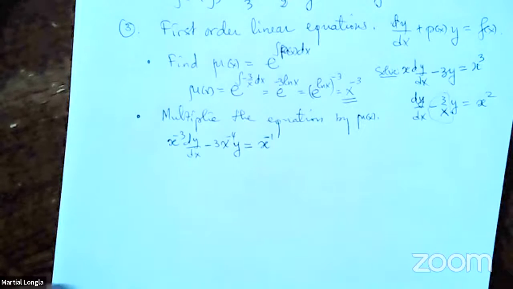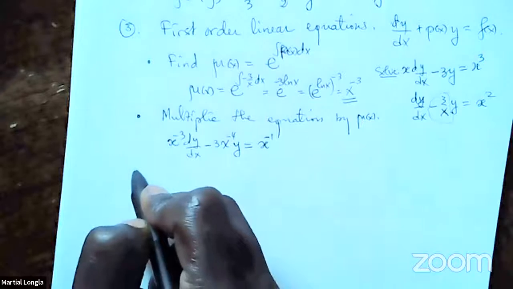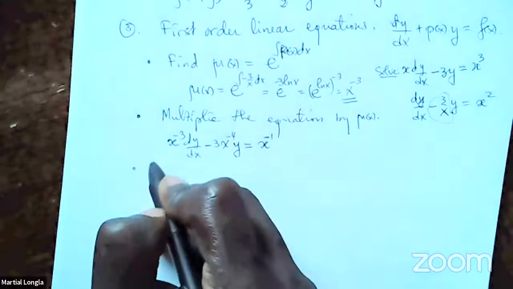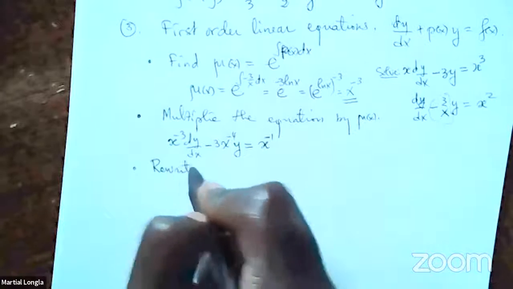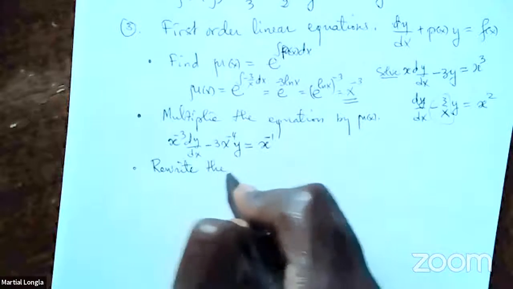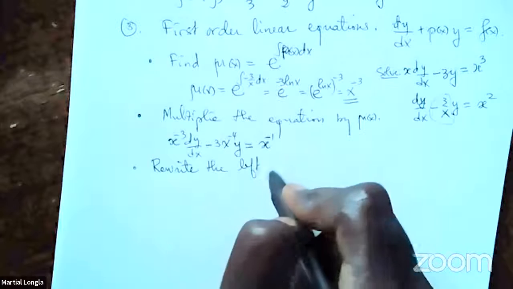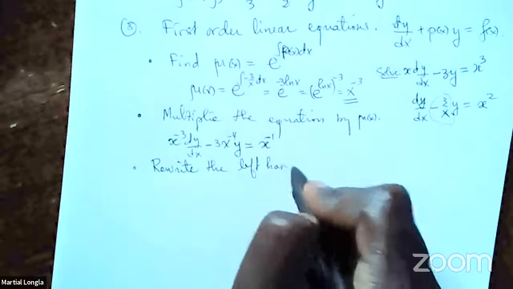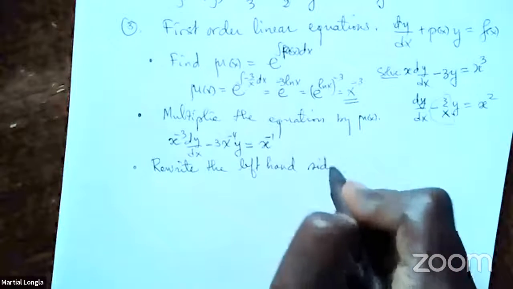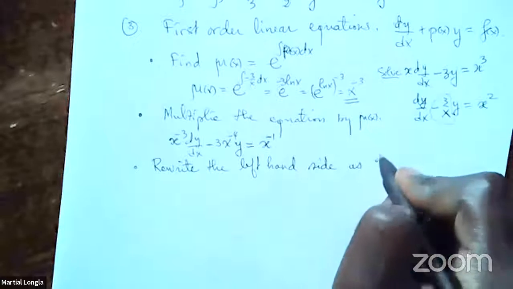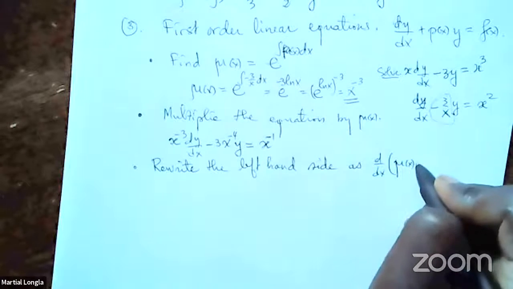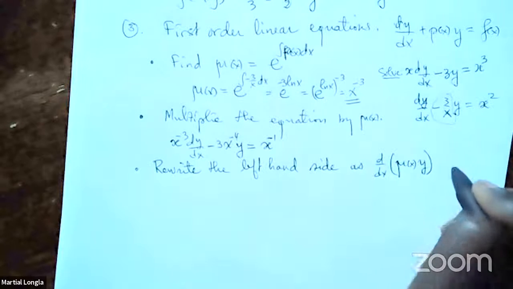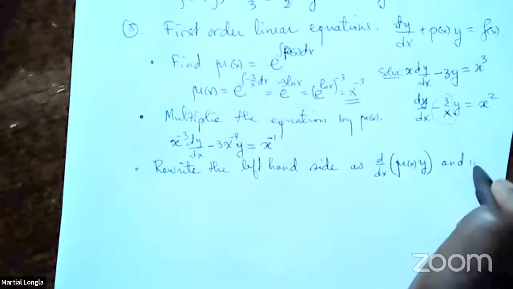So when you do this, the next step is you write the left-hand side as d over dx of mu of x times y and integrate.